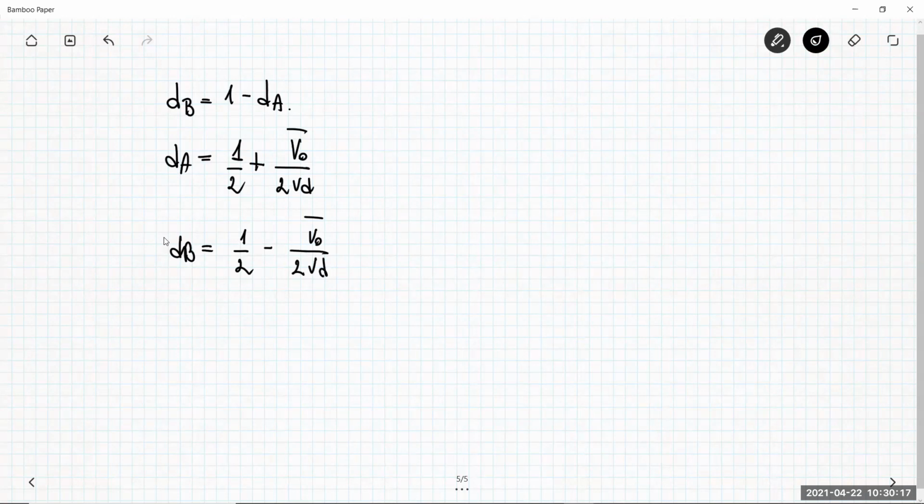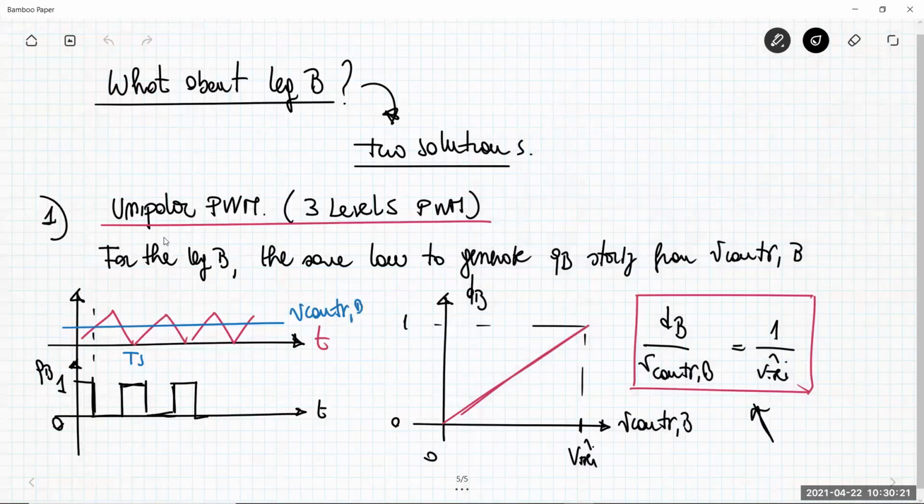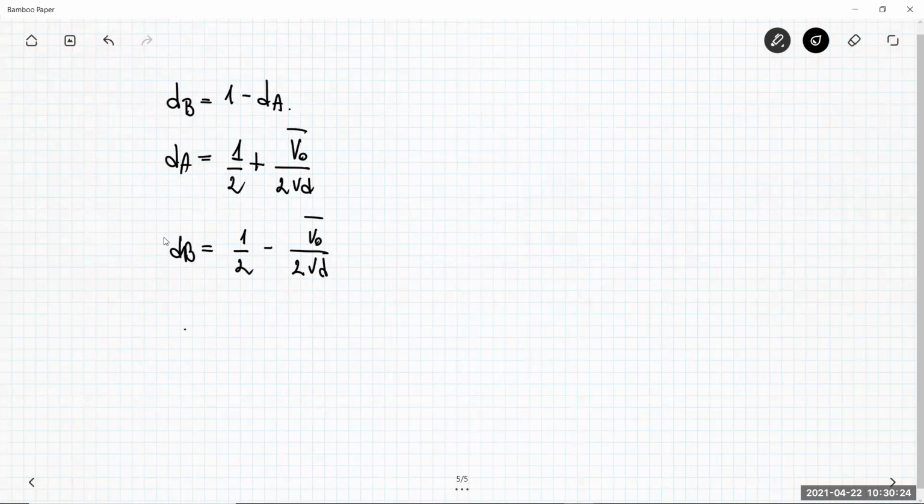This is dB, but from here I can derive the V control B, and V control B is dB multiplied by V triangular peak.